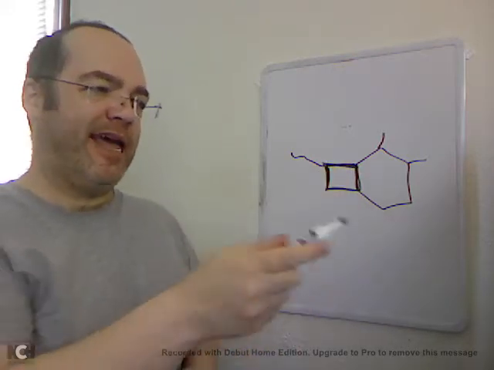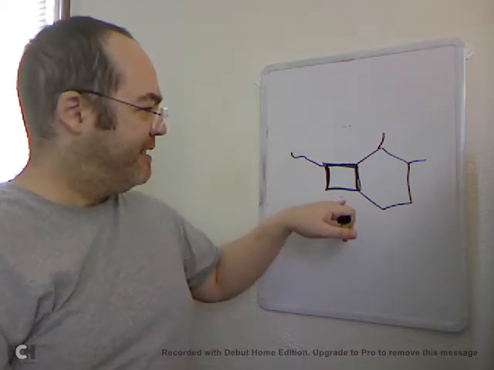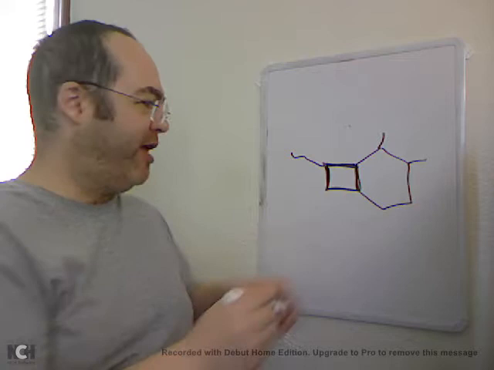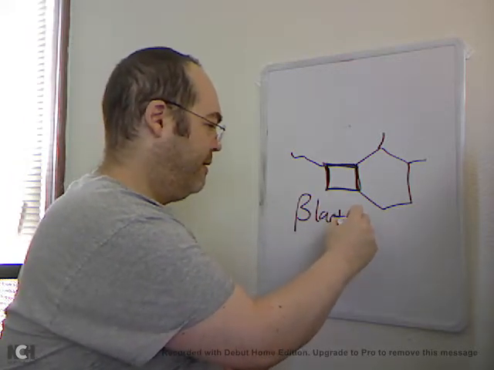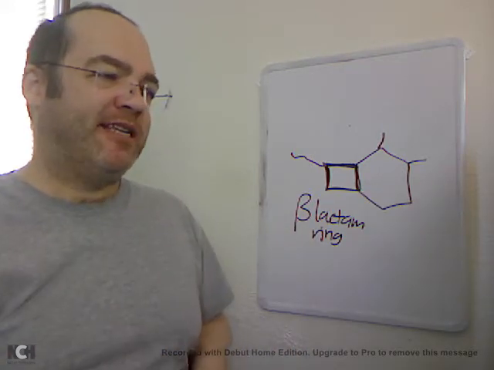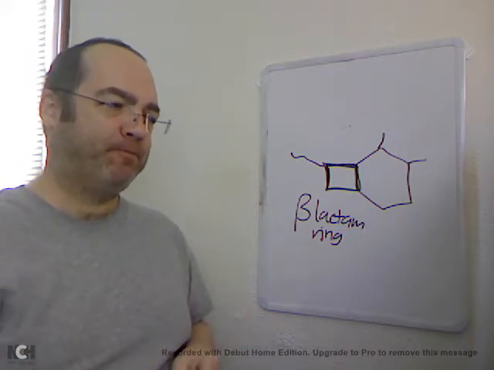is present in our penicillins, it's present in our cephalosporins. This square thing here is called the beta-lactam ring. And they've represented it as a ring in the book there.